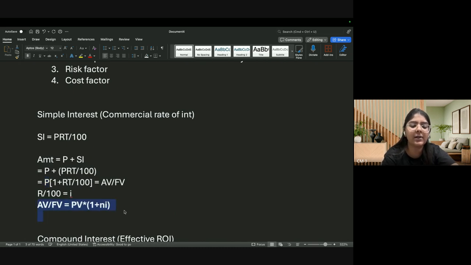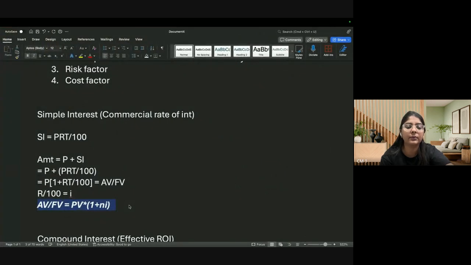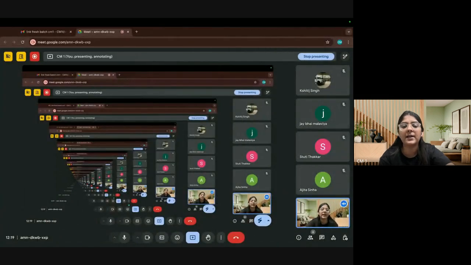Is this entire equation clear? The one in bold and italics. Any doubts in understanding this equation? Anybody? Yes, no, a thumbs up will work. If there are any doubts, please unmute and ask.